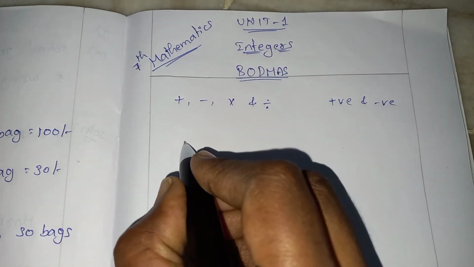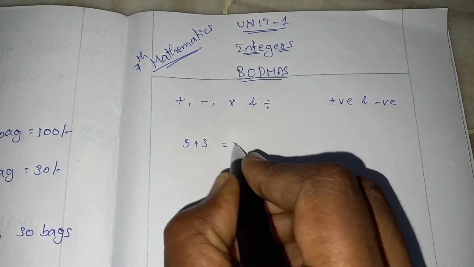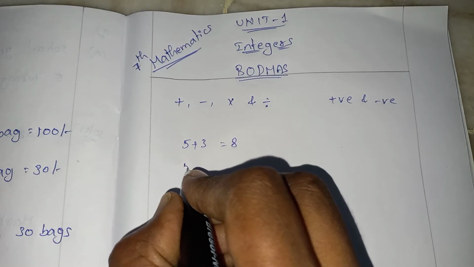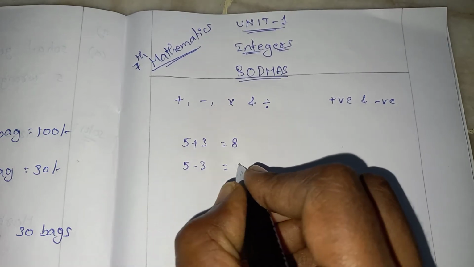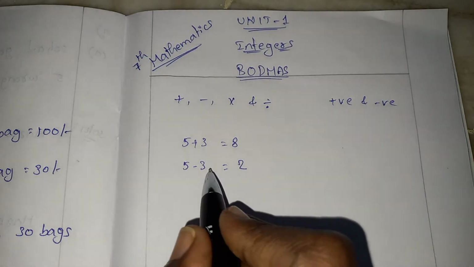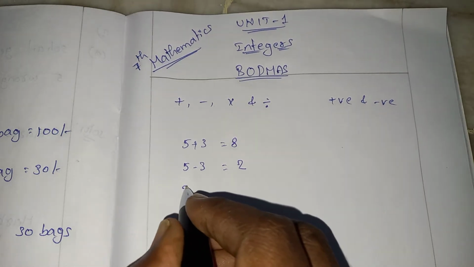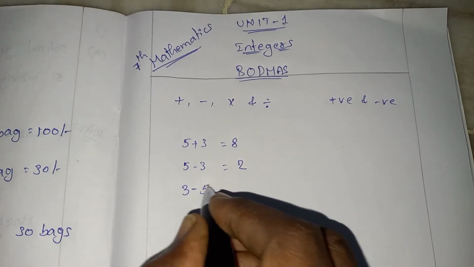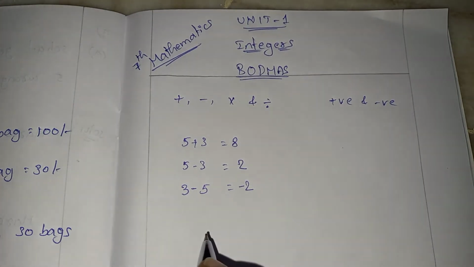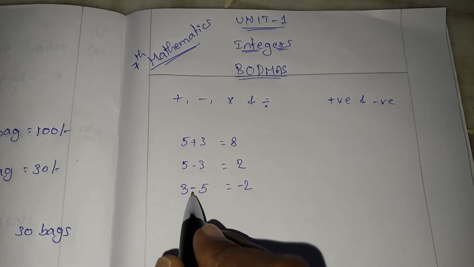Okay, for example, I am going to take 5 plus 3, both are integers. Answer is 8. Okay, next 5 minus 3, answer is 2. 5 is an integer, 3 is an integer, 2 is an integer. When 3 minus 5, here also both are integers, but we are writing minus 2 here just because 5 is more than 3 and 5 is carrying the negative symbol.